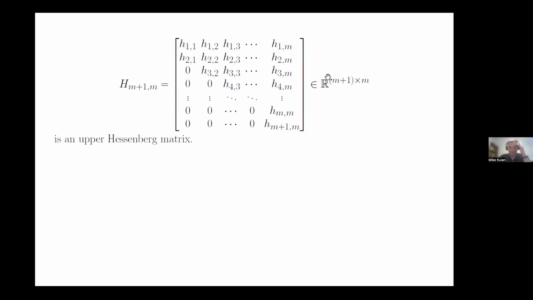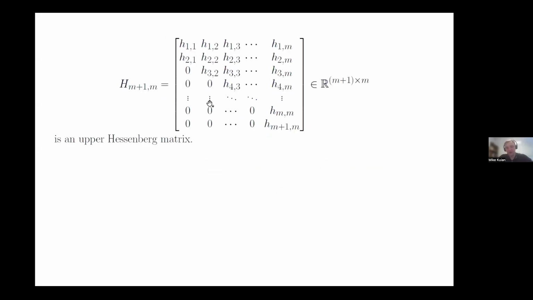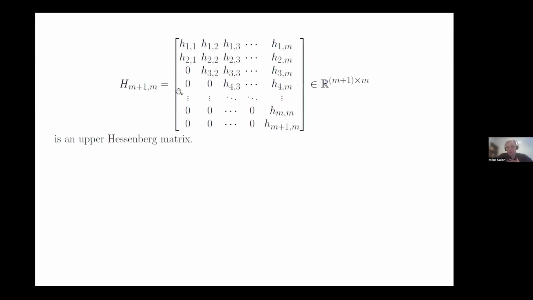How can we use it? What is the idea of Arnoldi? First of all, we choose how many steps of the Arnoldi algorithm we should make. When should we stop? If our operator A is infinitely dimensional, then Arnoldi will never stop.